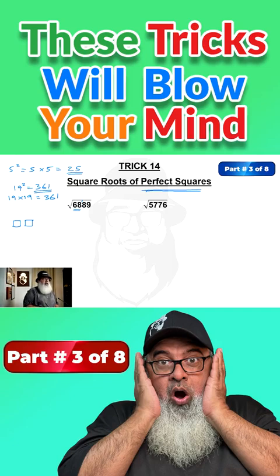68 is, if we do 8 squared, it's 64, right? And if we do 9 squared, it is 81. 68 is between 64 and 81. It means the first digit of the number will be 8. Why? Because if we do 80 squared, we get 6400, right?